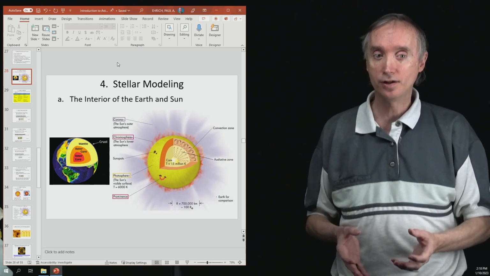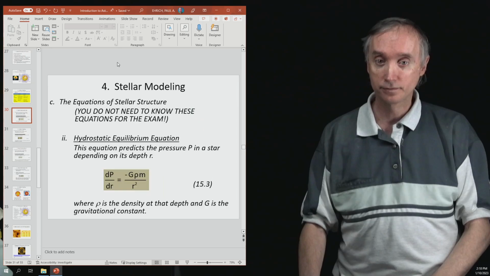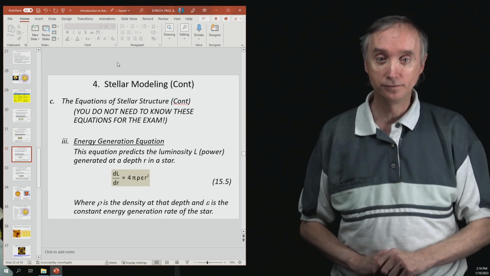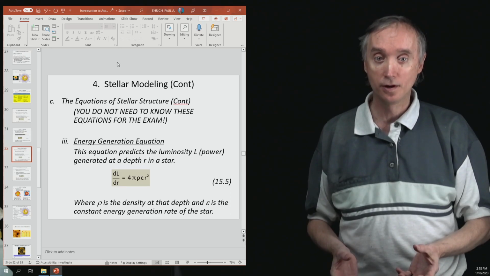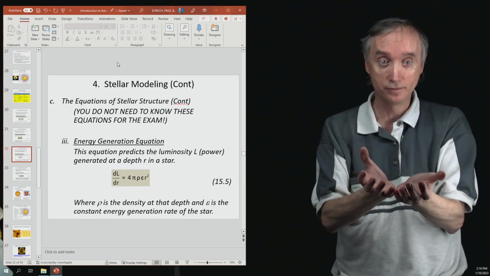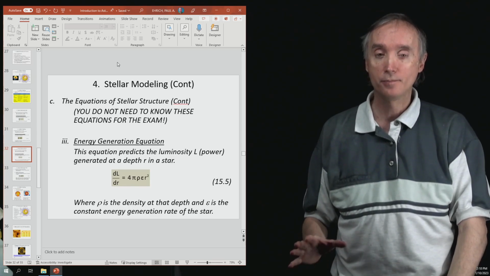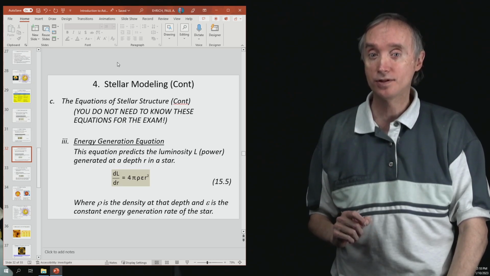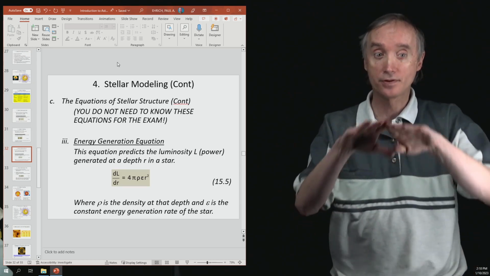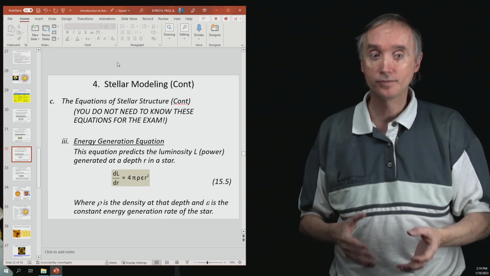So we would calculate what the L should be using this formula, and then we could actually measure it with the telescope, at least at the surface of the sun, to see if that was correct. We could also measure the color of the sun, and that would tell us the temperature at the surface, and then compare that with our calculations to see if that's correct.